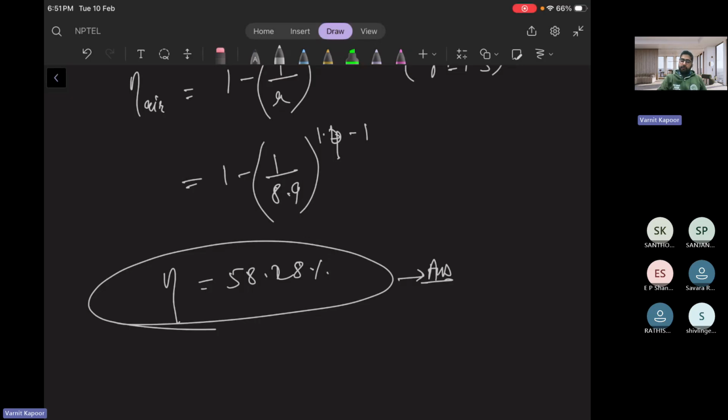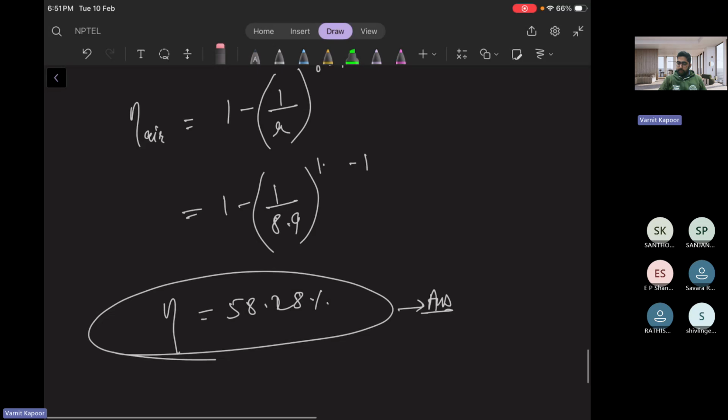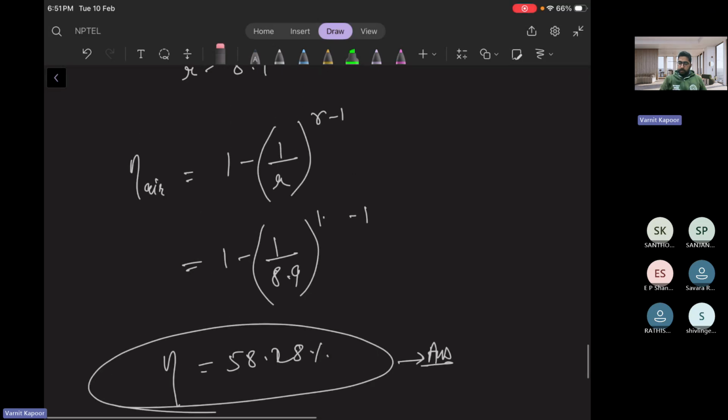So why will 1.4 come here and not 1.3? The question arises this. The gamma value will be 1.4, not 1.3. The reason behind this is it has been asked that it is an air standard efficiency. So air standard efficiency is with the polytropic index to be adiabatic.